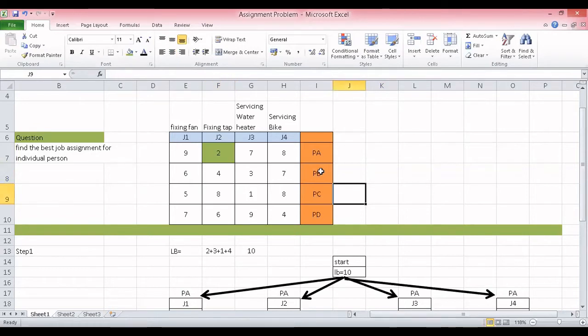Coming to person B, out of all the jobs, the least cost demanded by person B is for job 3. I will highlight with a green color. Coming to person C, out of all the jobs, the minimum cost demanded by person C is job 3. So I highlight with a green color.